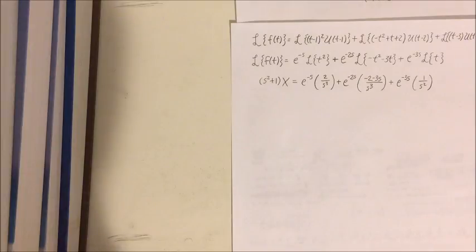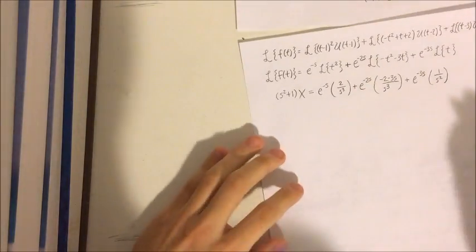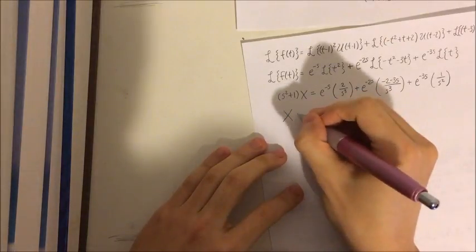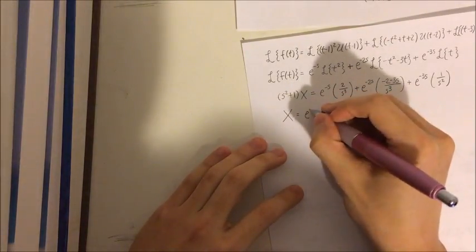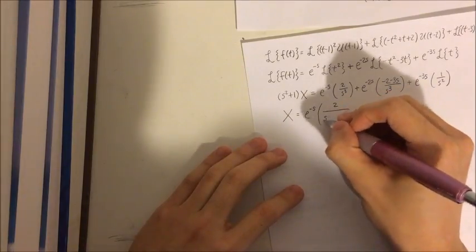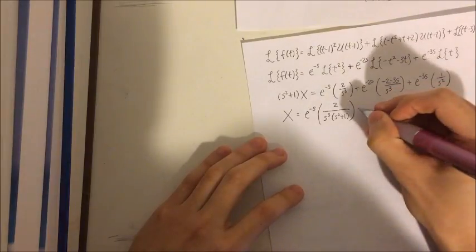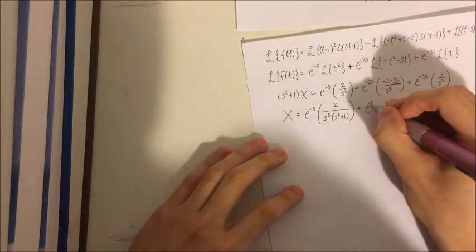So now, by now, you probably know what's going to happen next, and it is going to be tedious, so let's continue through. X is e to the negative s times 2 over s cubed, s squared plus 1, plus e to the negative 2s.